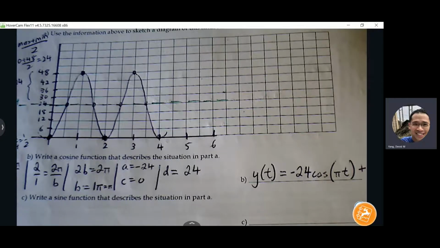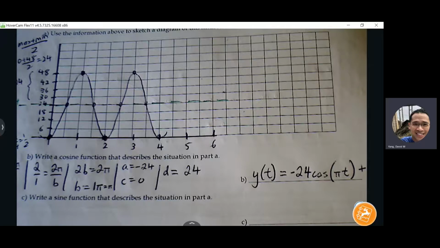Maybe if you're seeing the cosine function from this perspective, take that graph and you shift it over to the right, then you can make the equation like this. You move that red graph to the right, so -1, +1.